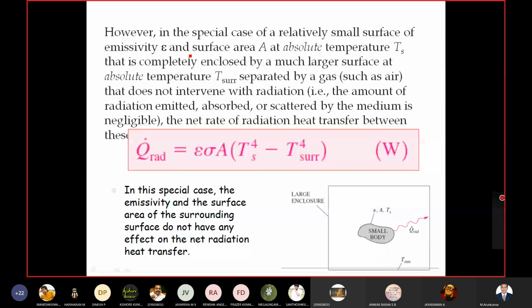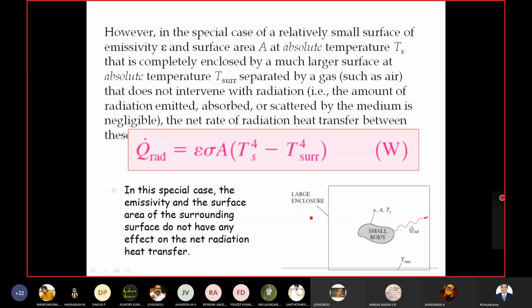The equation is Q dot radiation equals epsilon sigma A times (T_s to the power 4 minus T_surr to the power 4). In this special case, the emissivity and the surface area of the surroundings do not have any effect on the net radiation heat transfer.